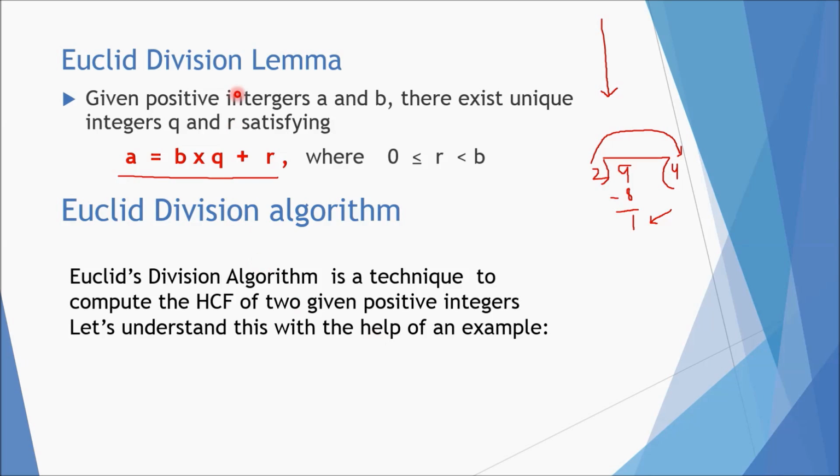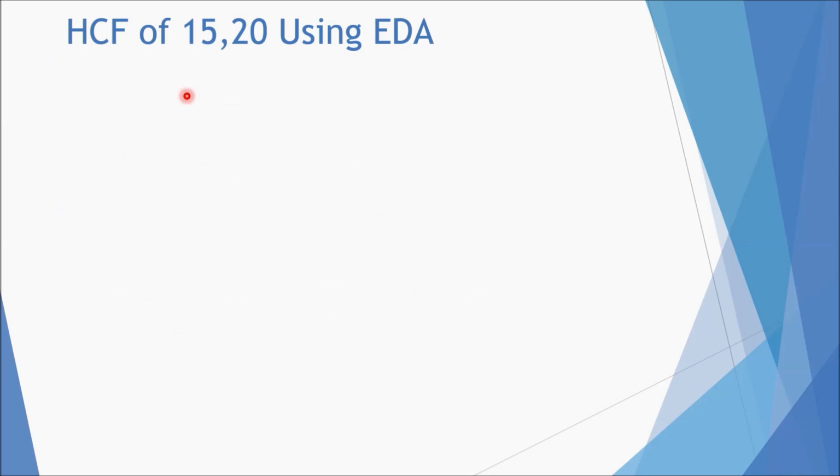Now we will apply Euclid's division lemma for the computation of HCF of two given positive integers. We will calculate the HCF of 15 and 20 using EDA. EDA is Euclid's division algorithm.